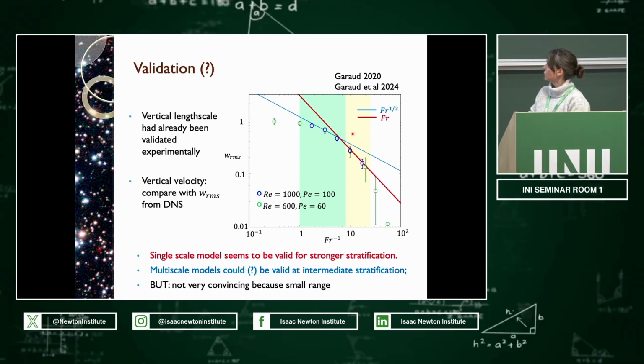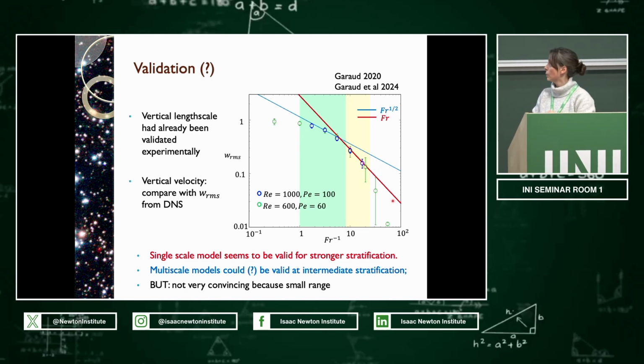These are the data points for different Reynolds numbers and Peclet numbers. And the red line was the prediction that the vertical velocity goes like Froude, which is valid in the single scale model. And the blue line is what the multi-scale model predicts, so Froude to the half.